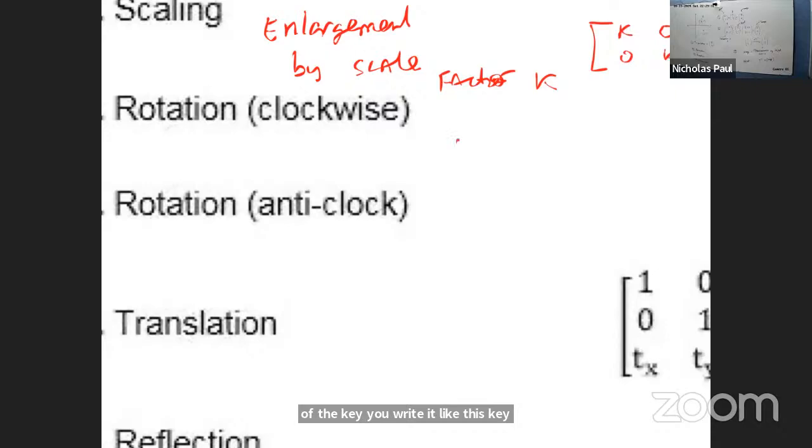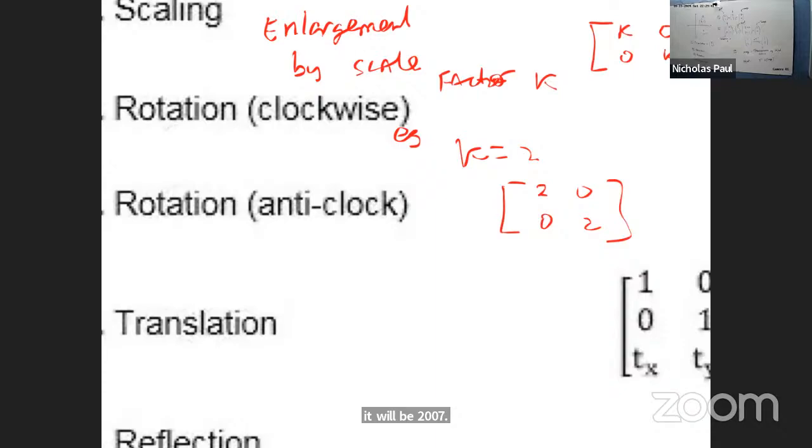So if it's a scale factor of 2, for example, it will be 2 0 0 2. If it's a scale factor of 9, it will be 9 0 0 9. That's all. Copy that down. Enlargement by a scale factor of k.